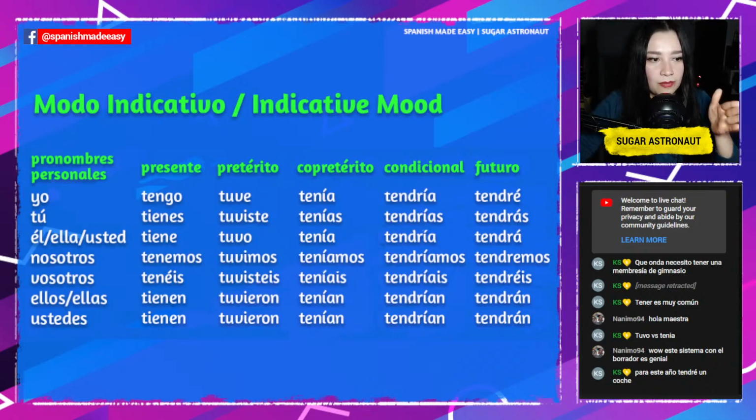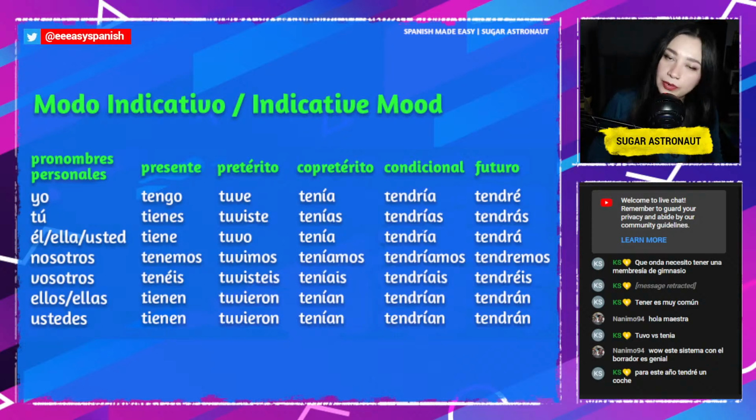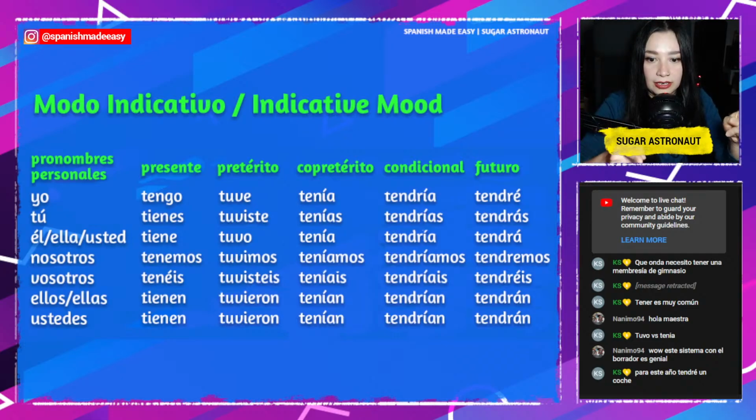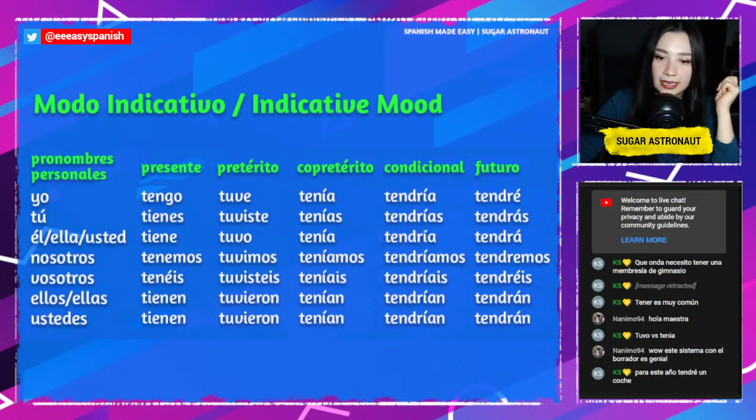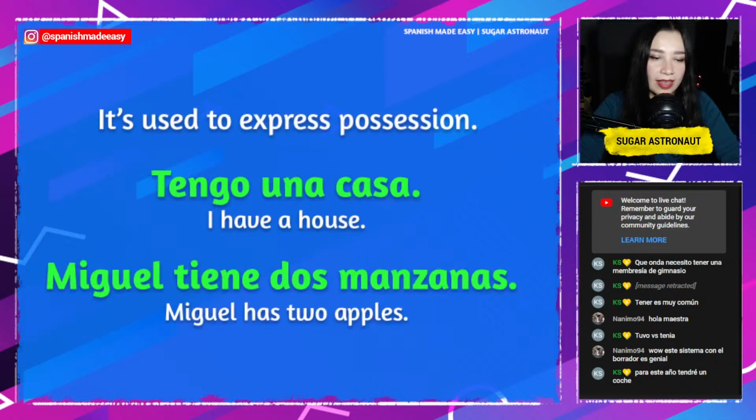So we went over the most basic conjugation of the verb tener. El modo indicativo, the indicative mood, is one of the most basic moods to learn in Spanish. Everybody has to learn the indicative mood first when learning Spanish. So now you know. The next thing, guys, is the uses.